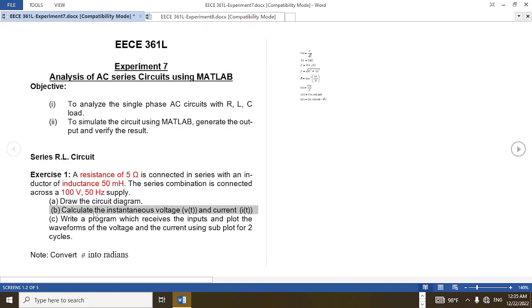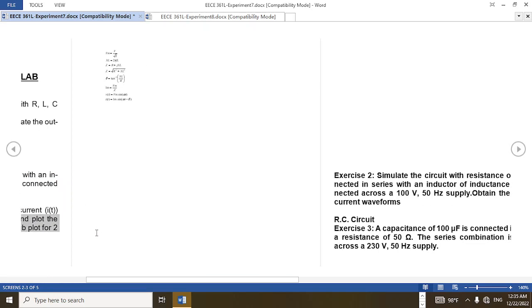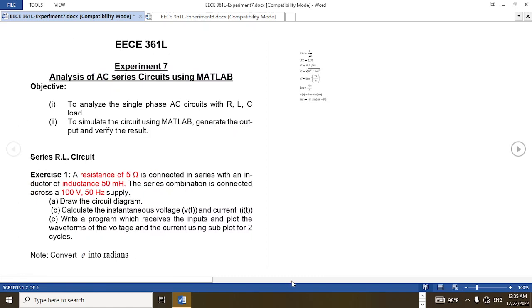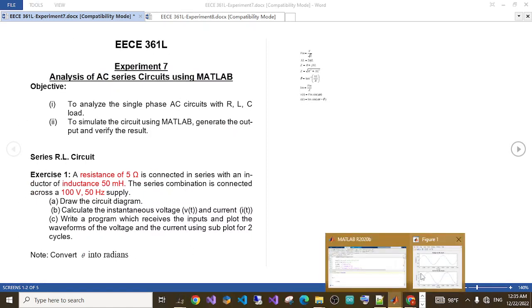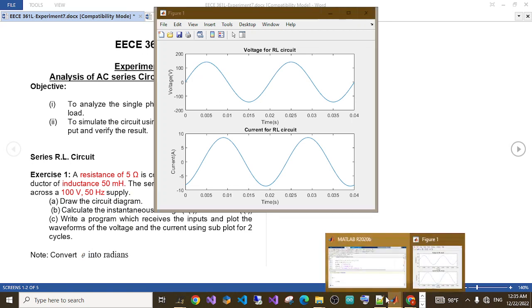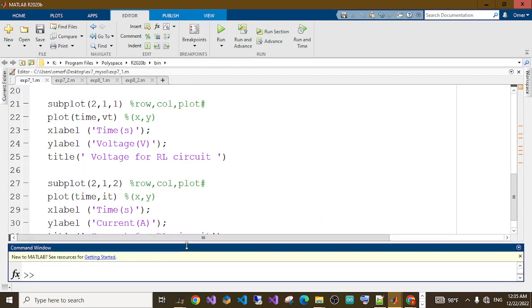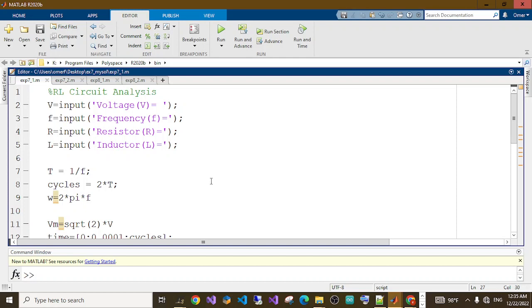Part B will be your calculation and part A will be your drawing by hand. This calculation is going to be by hand. Part C is what we have finished just now in the form of plots generated by Matlab. So this is your answer and this is the code. Thank you very much.